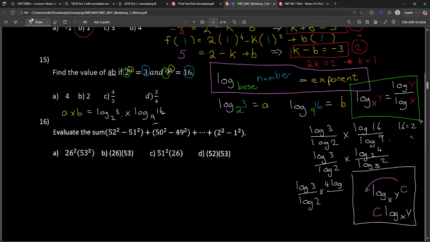And then the 2 can go to the front, leaving just log 3. Maybe I need to close a few programs here.